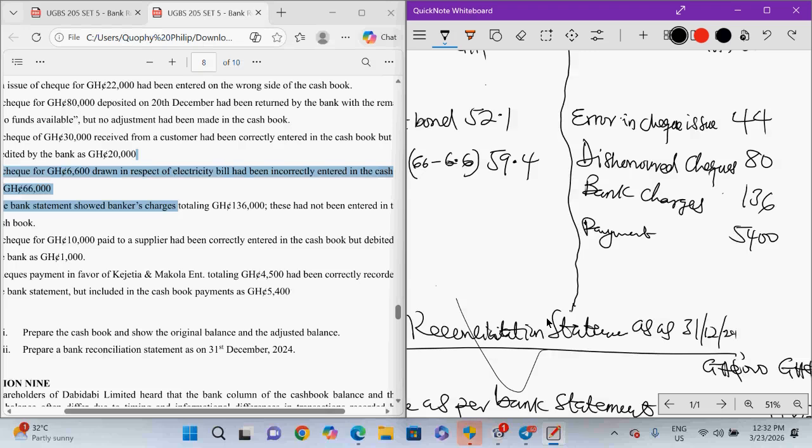You find the difference and record it on the presented side. So is it something similar to what it is for the electricity? Yes, something like that.